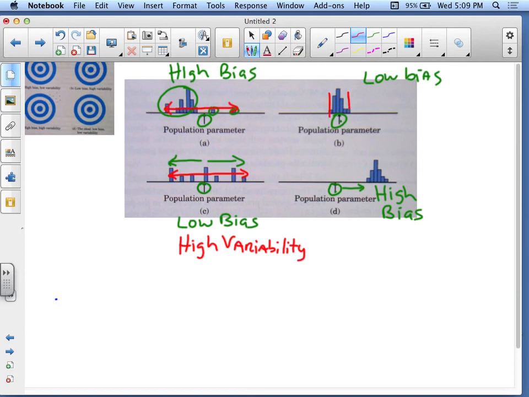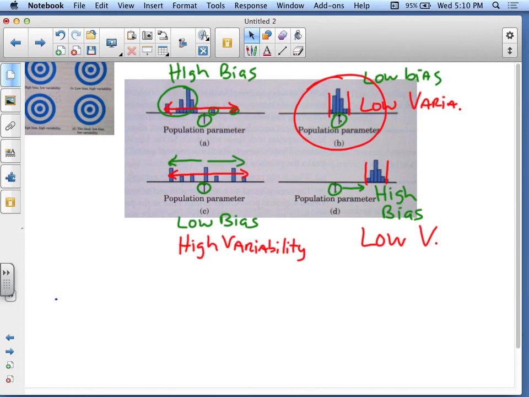Notice how nice and tight this is. That is low variability. I'm just going to put varia for variability. And again, this has low variability. So this one here is the most ideal. All right? And that's what I want you to take away from this chapter as far as variability and bias is concerned.